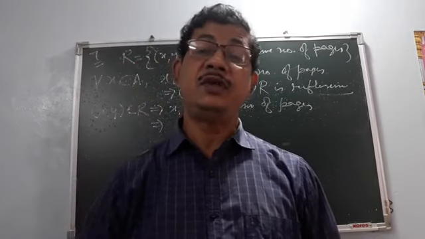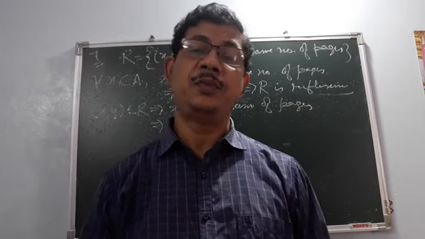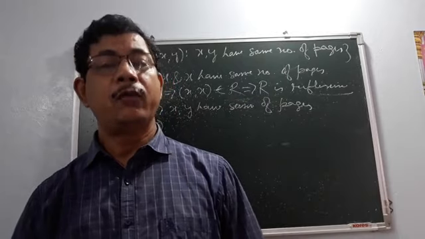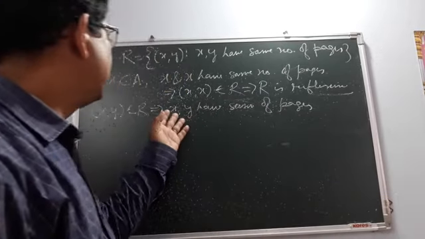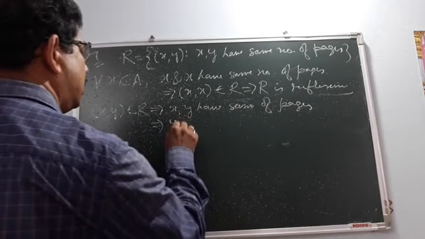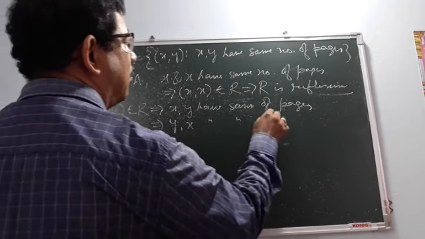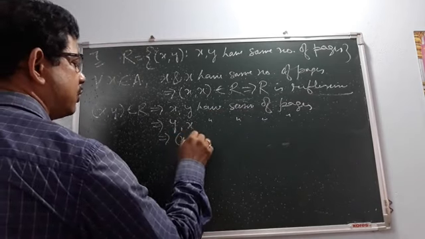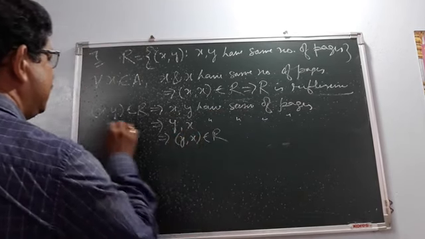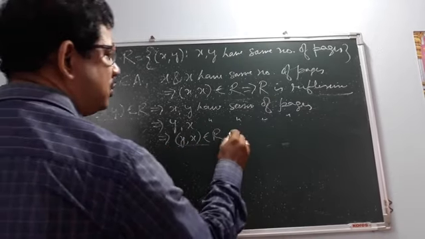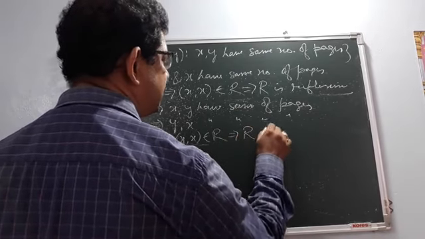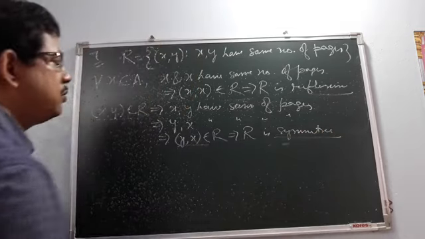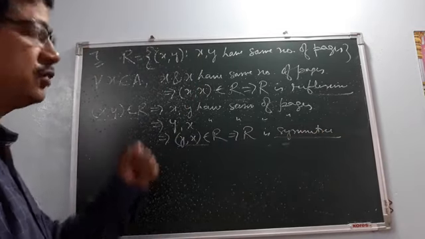We can change the names, no problem. Then y and x have the same number of pages, implies (y, x) belongs to R. See, I have taken (x, y), and (y, x) is within R, so R is symmetric. Why symmetric? (x, y) taken, (y, x) we found within R.